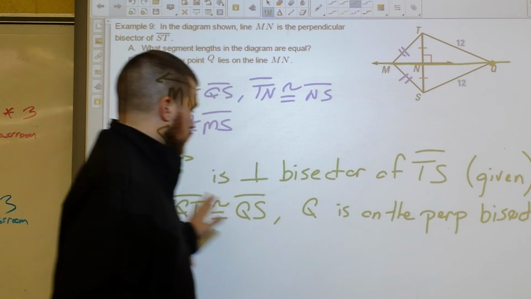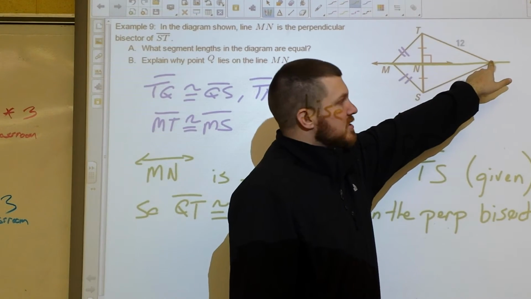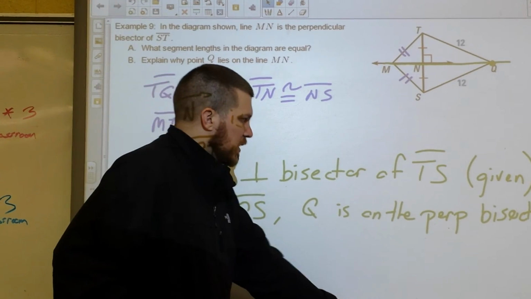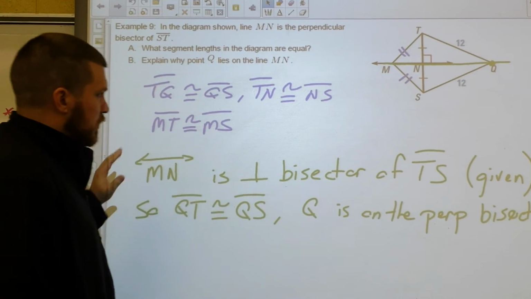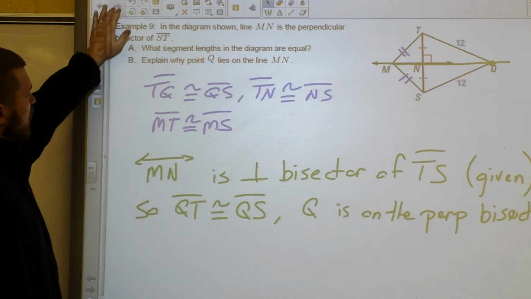Again, this rule that we just talked about, since these two distances are the same, Q has to be on the perpendicular bisector. That rule was just given to us on the previous slide. So sometimes you just have to make an argument and explain why something is true with these geometry problems. And that's what we did in part B.